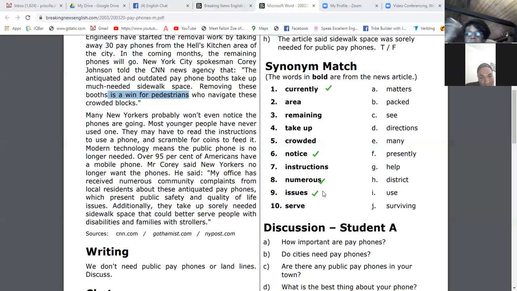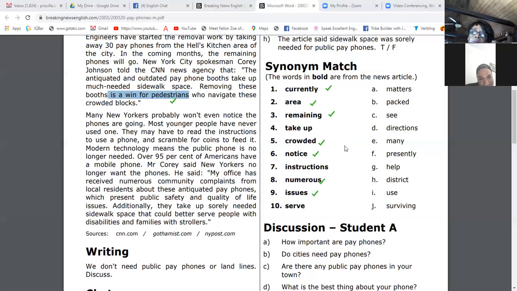Payphones cause crowded streets and reduce the remaining area for pedestrians.